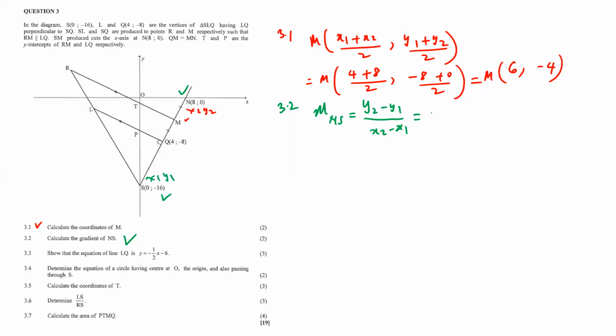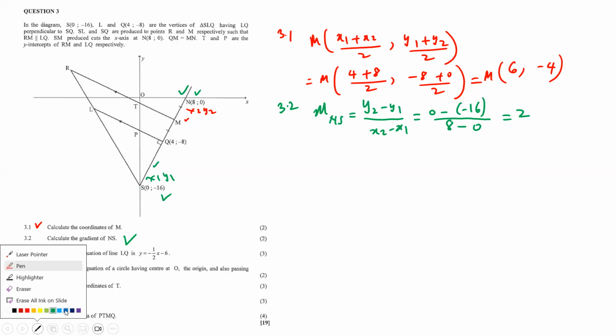So we have y2, which is 0, minus y1, which is minus 16. We divide everything by x2, which is 8, minus x1, which is 0. And therefore this is 2. So the gradient of NS equals 2. We are doing so far so good.